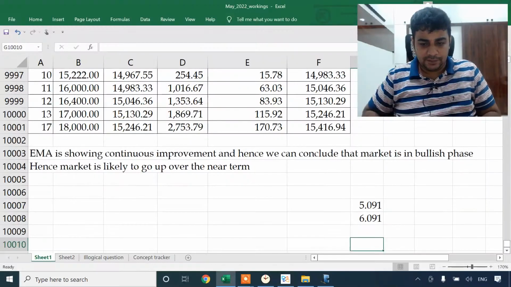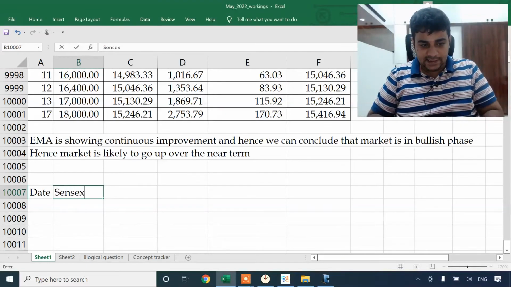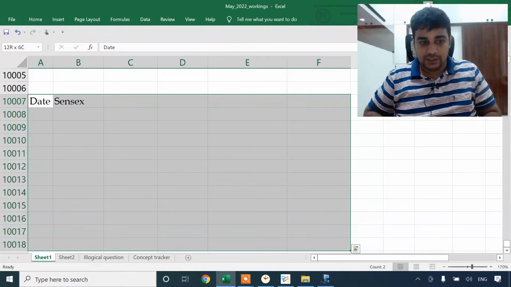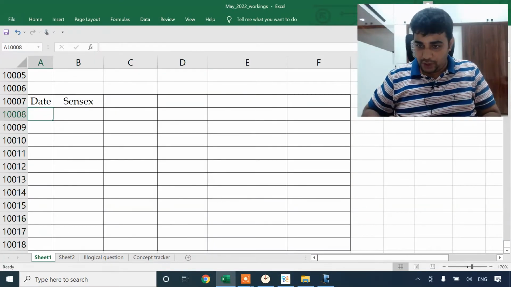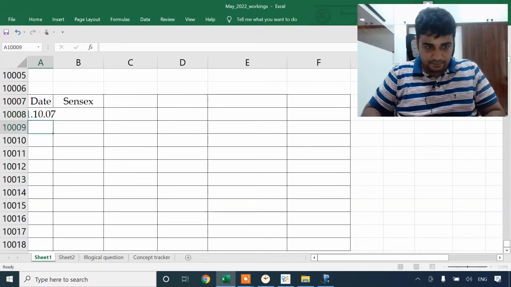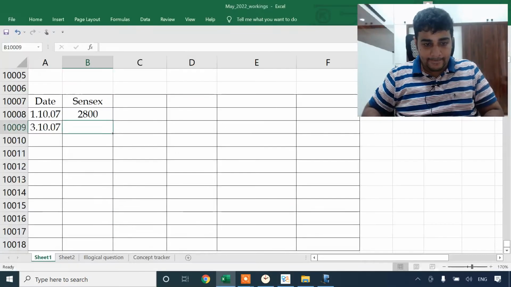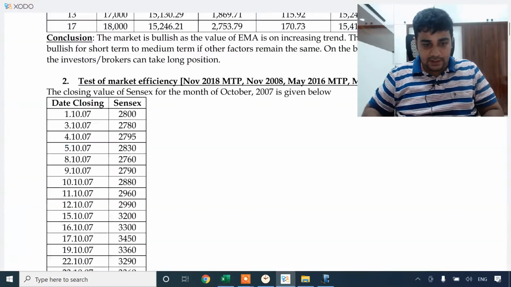Let's capture this information now. Date, Sensex. We are not bothered about how much is the change. We are just bothered about the sign of the change. We are not really bothered about whether it is going up by 10%, coming down by 10%. We are not bothered about that.